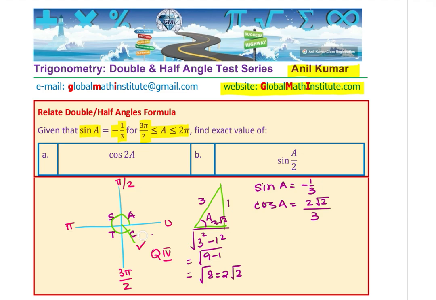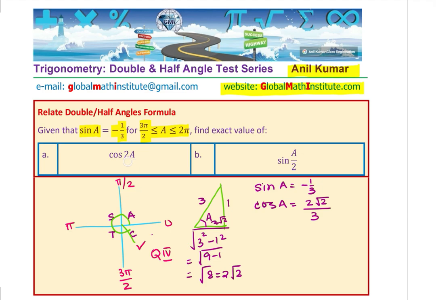So if you are in quadrant 4, let us take up an angle like 300, right? So 300 doubled will be 600. So 600, which will be in which quadrant? You have to think about that also, right?